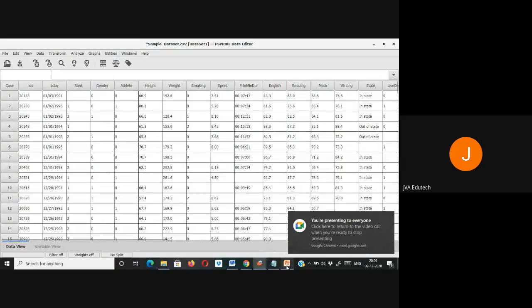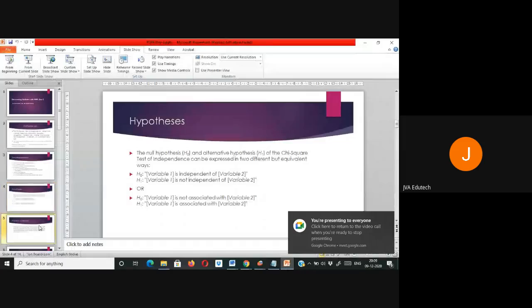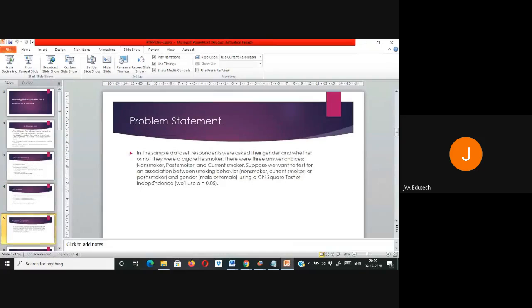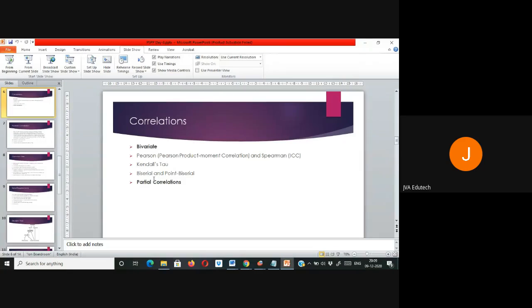Now moving ahead, so already we have discussed. Now correlations. This correlation is again of two types. One is bivariate correlation, which we normally do, Pearson product moment correlation, and partial correlations.